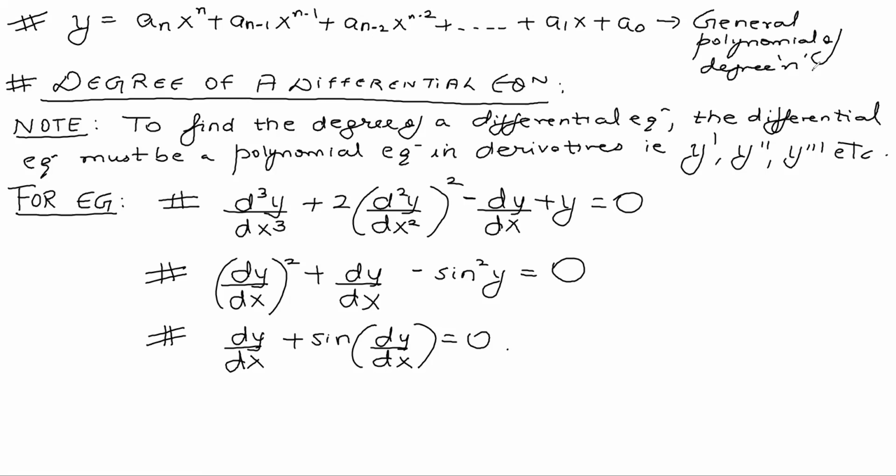Now the only difference is that in differential equations, instead of x being the polynomial variable, dy by dx should be a polynomial. That means the derivative should be a polynomial, and it can be in the form of powers. Look at the first equation.